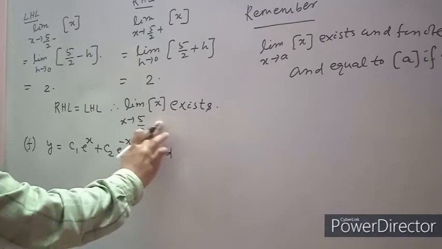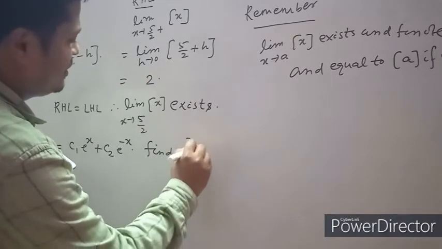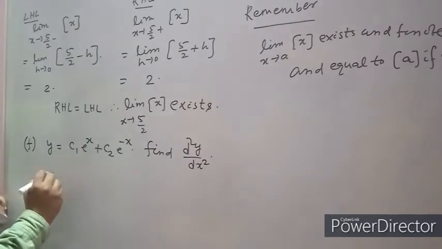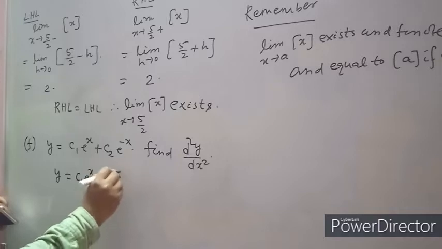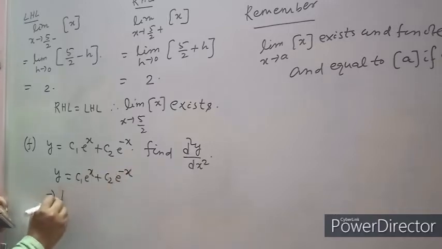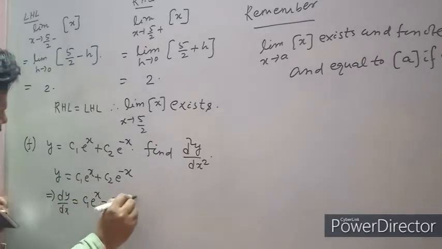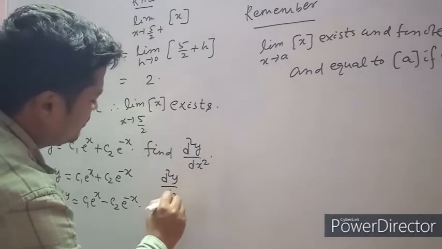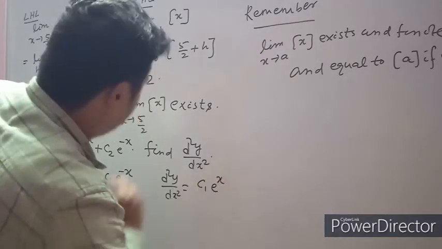y equal to c1 e to the power x plus c2 e to the power minus x. Find d square y by dx square. Right? You start with y equal to c1 e to the power x plus c2 e to the power minus x. That would imply dy by dx equal to c1 e to the power x minus c2 e to the power minus x. d square y by dx square will be c1 e to the power x, right?